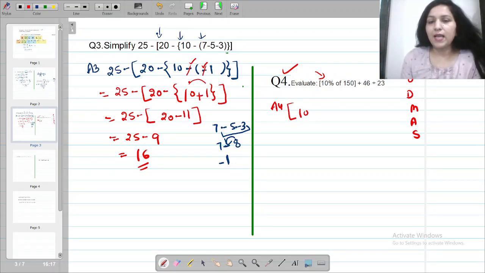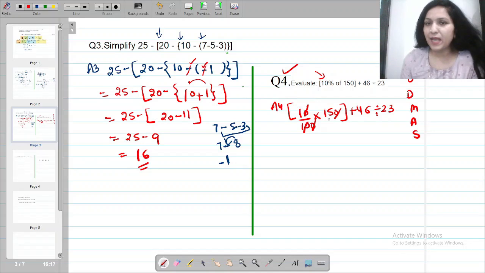So I will write it as 10 upon 100, that is 10%. Of means multiply and then 150, bracket close, plus 46 divided by 23. Zeros up and zeros down can easily be cancelled. So what you are left with inside the bracket?